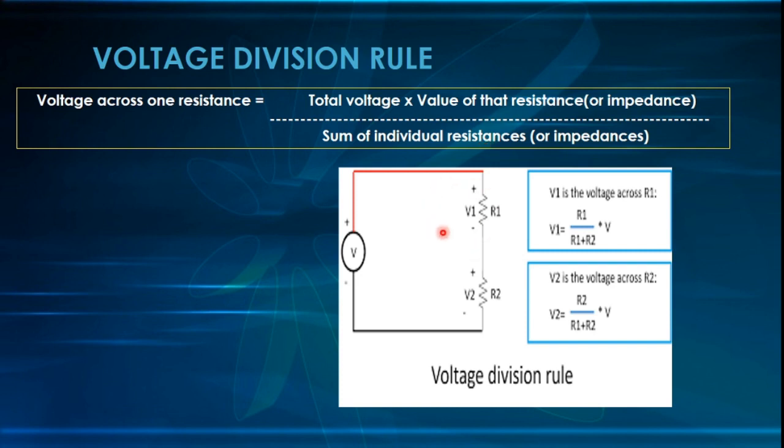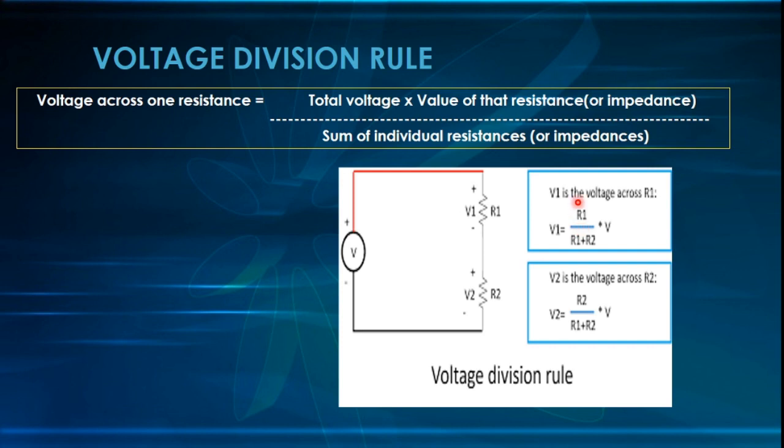For example, let us consider here, I am measuring V1 across R1. Then according to the rule, V1 must be equal to the total voltage V times the value of that resistance. At which resistance am I measuring?